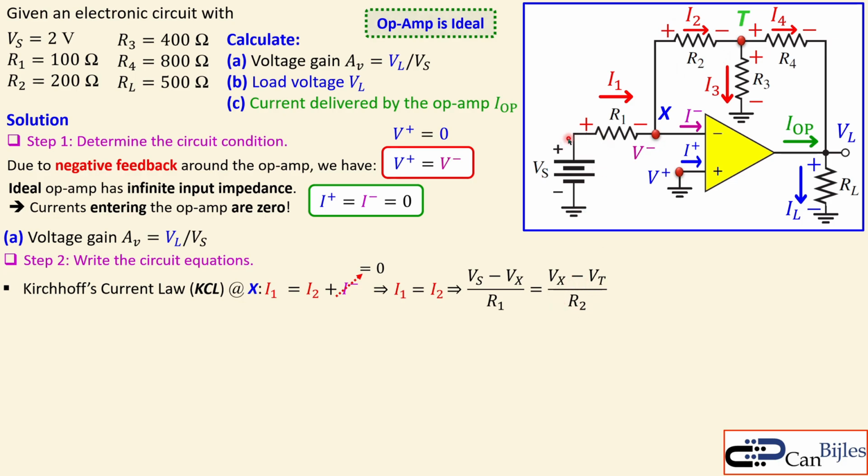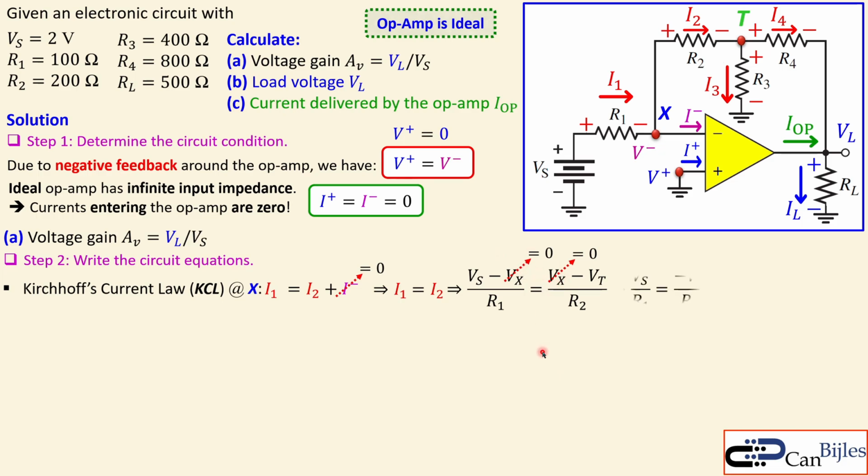Now, V1 is this node voltage minus this node voltage, shown here: Vs minus Vx, over R1. And for this voltage, I have Vx minus Vt over R2, which will give you the current. But we know Vx is 0 for both.